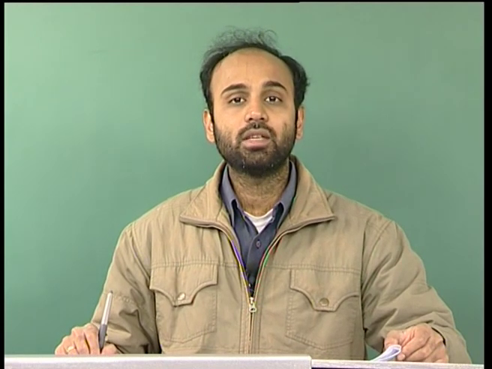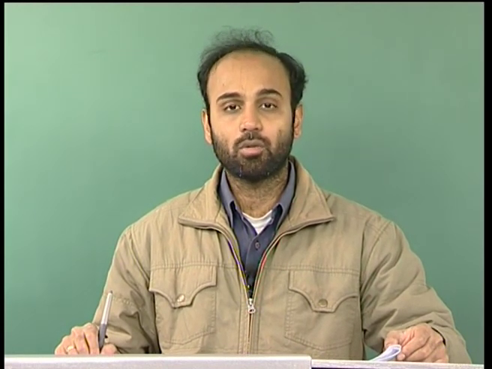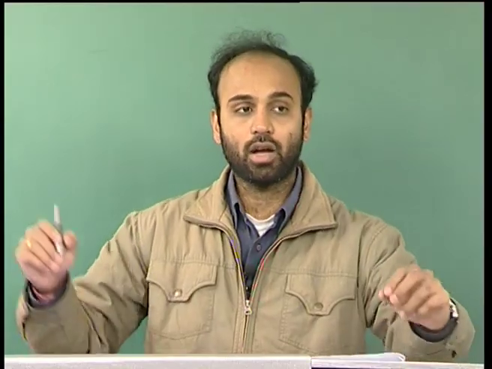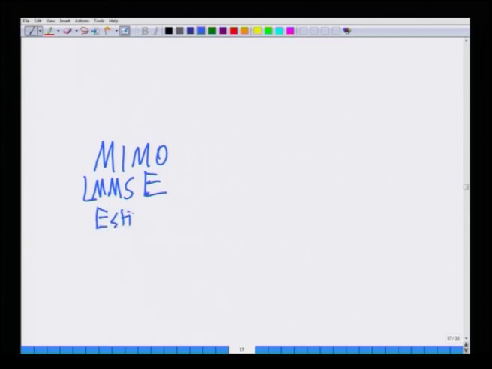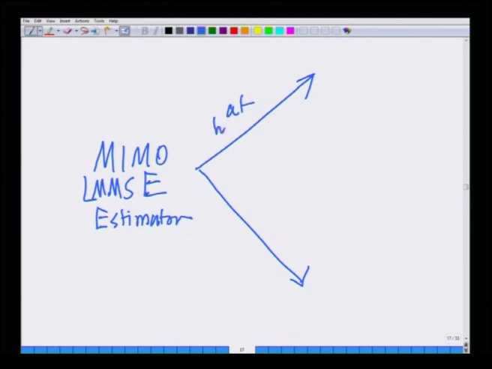So, the MIMO MMSE estimator has a very interesting property. If I look at the MIMO MMSE, or in fact the LMMSE, estimator at low SNR and high SNR: at high SNR, it reduces to the zero forcing receiver.